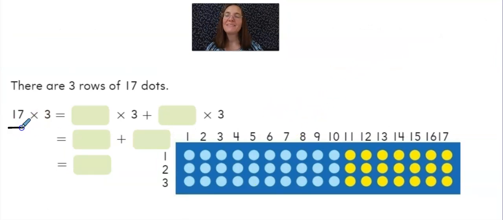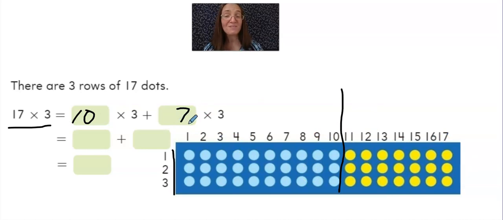Here we have 17 times 3. There are 3 rows up and down, and 17 in each row. And once again, they've used place value, how I love place value, to help us break this into 2 easier parts. So the blue dots represent 10 times 3, and the yellow dots represent 7 times 3.